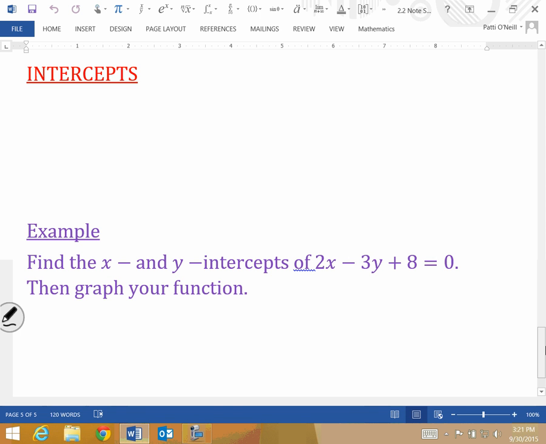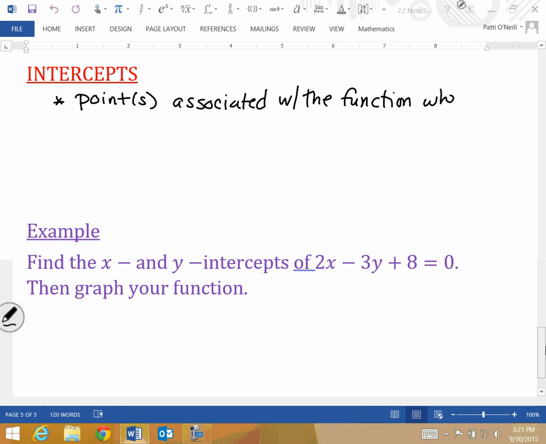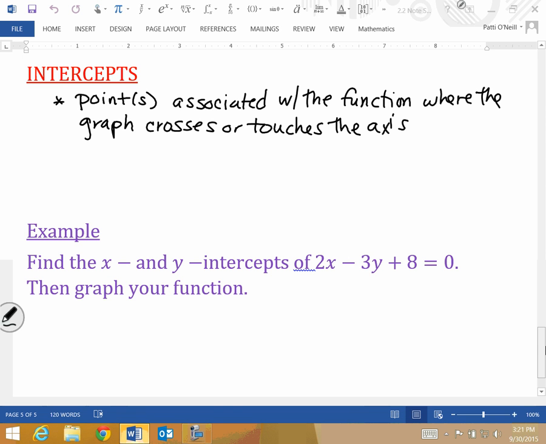An intercept is a point or points associated with the function where the graph crosses or touches the axis. It's kind of bad handwriting there.